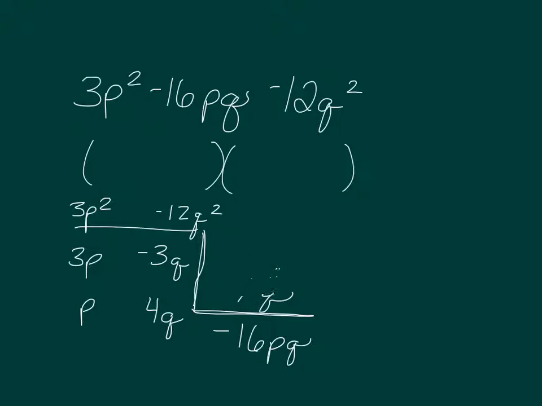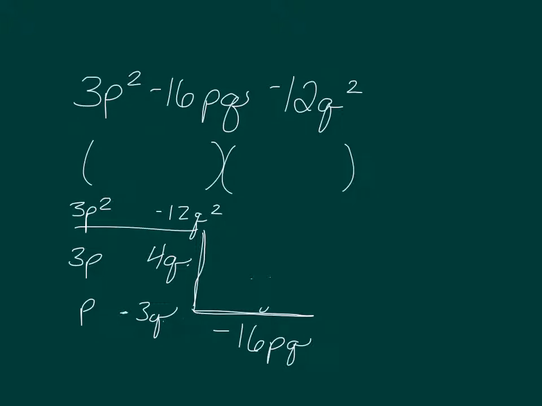So let's get rid of these, and let's switch these around. Let's look at 4Q and 3Q. Let's make one of them negative.